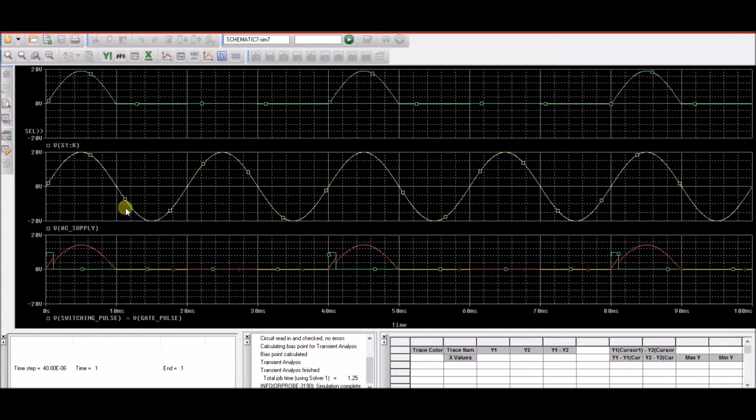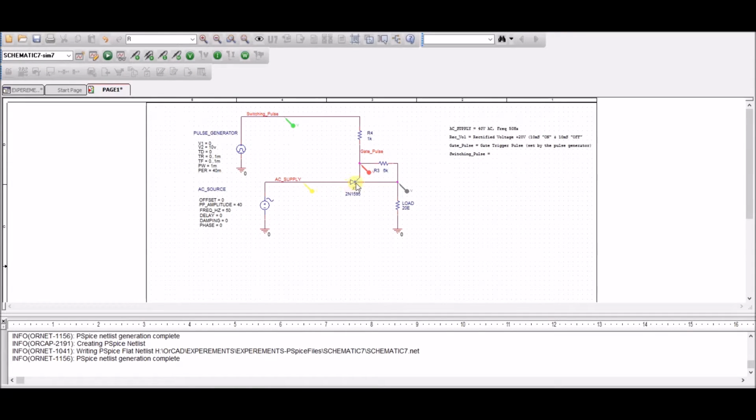It can't pass AC waveform because, as I told you earlier, it is more of a diode, and it rectifies and passes only the positive cycle, the positive pulse or the positive voltage of the sine wave that we are generating here.